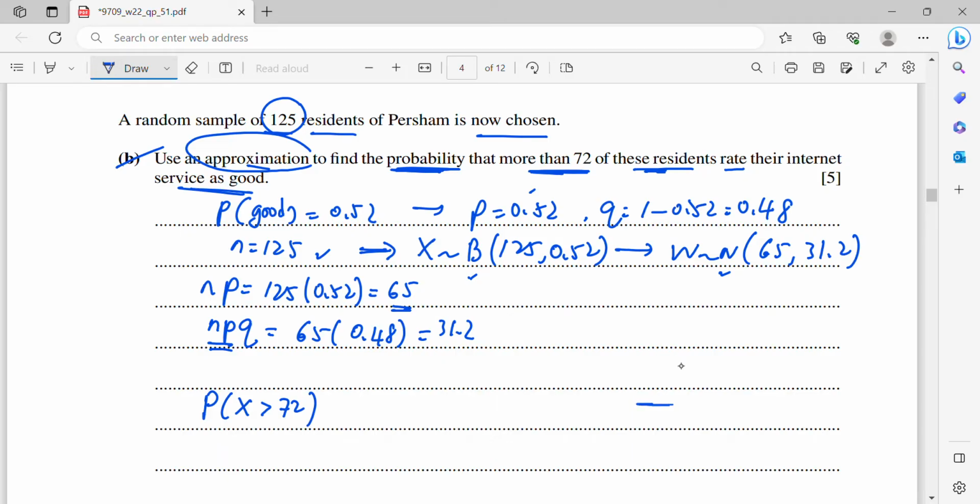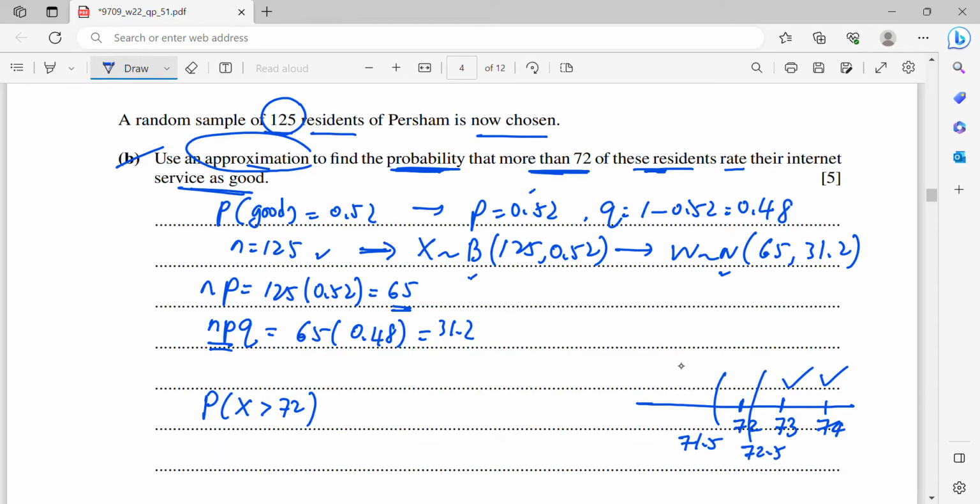Referring to the number line, greater than 72 means my x starts from 73 onwards. Then the continuity correction means you need to decide whether to add 0.5 or subtract 0.5. When I subtract 0.5 from 73, it is 72.5, and if I subtract 0.5 from 72, it is 71.5.